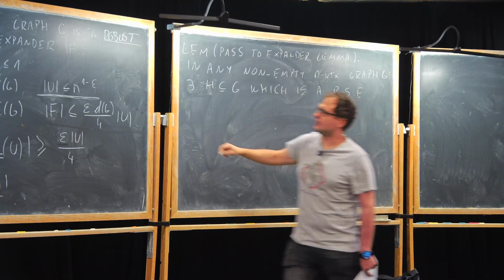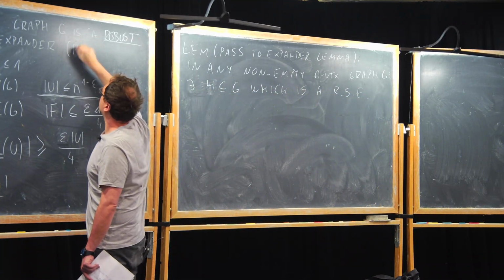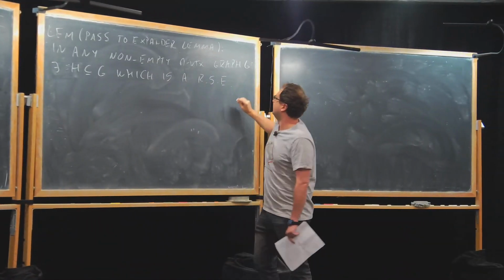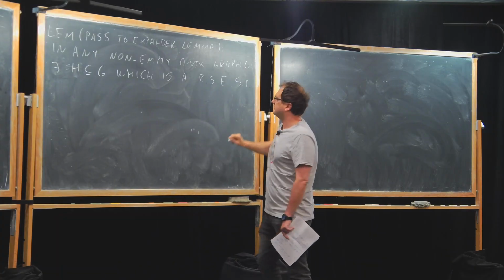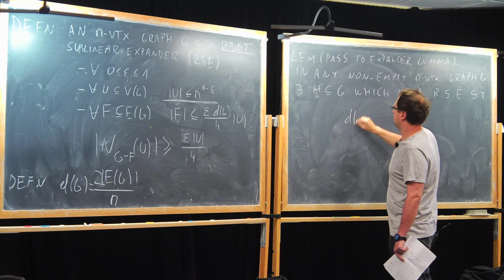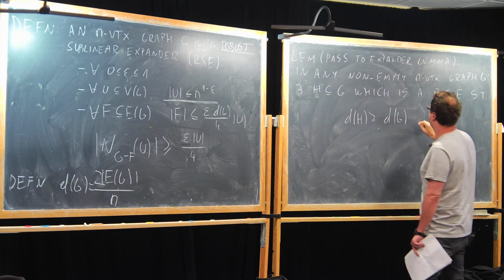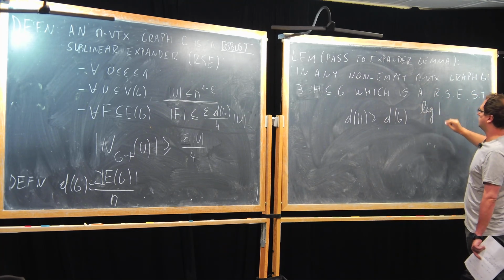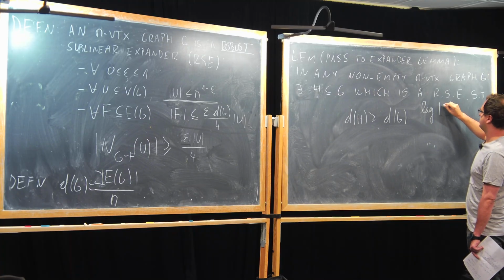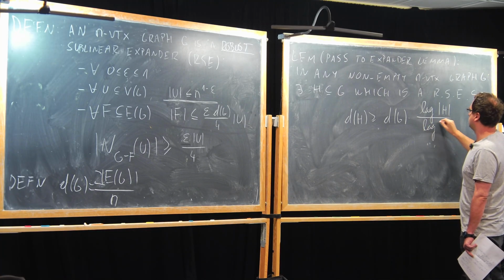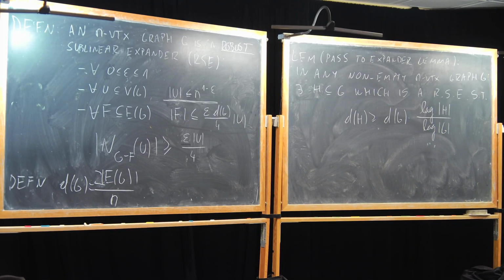So that's my abbreviation for this, because it's long to write it. And it will appear such that the average degree of this H is at least the average degree of G times log the number of vertices in H divided by log the number of vertices in G. OK.